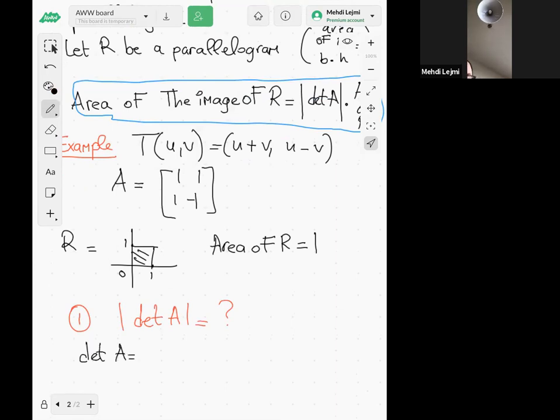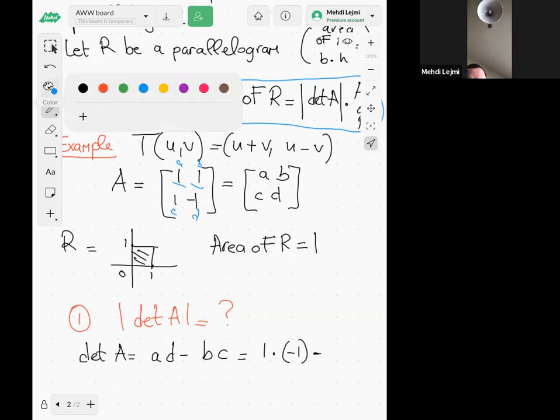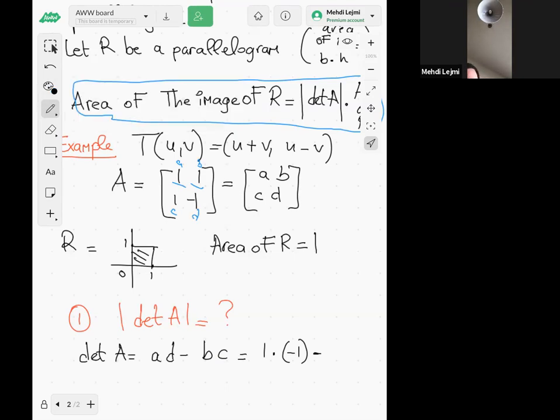So here's my matrix A. It's supposed to be A, B in the first row, and C, D in the second row, right? Determinant of A, by definition, is just AD minus BC. So in our case, A is 1 times D, which is negative 1, minus B, which is 1, times C, which is again a positive 1.